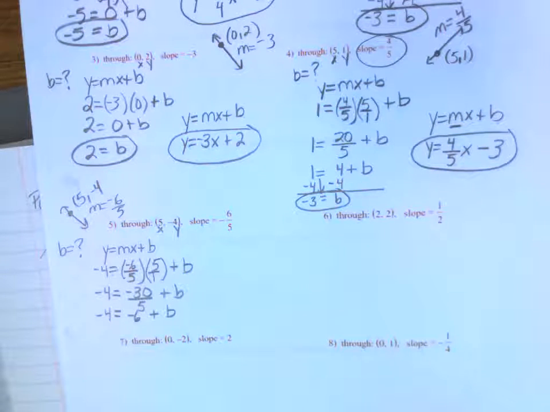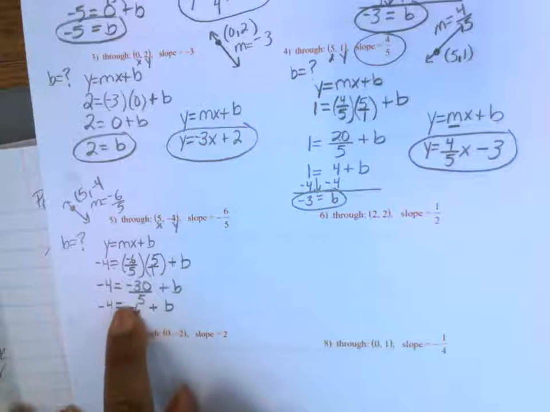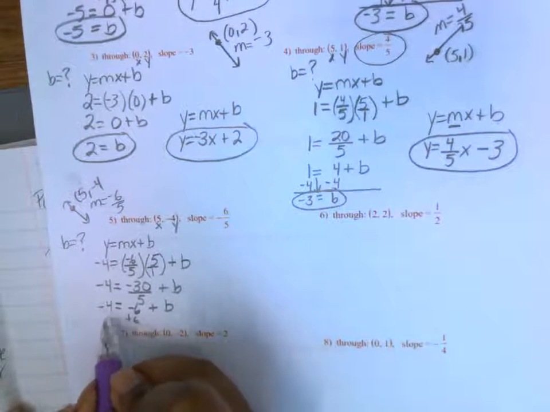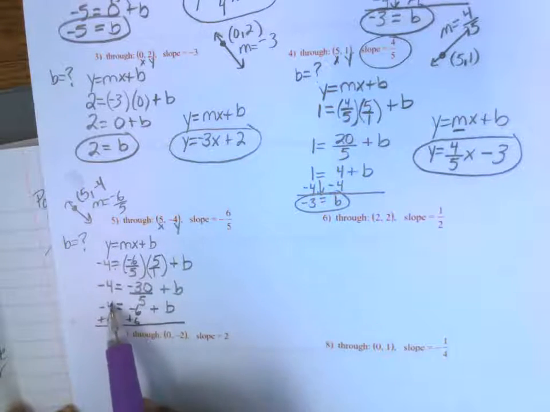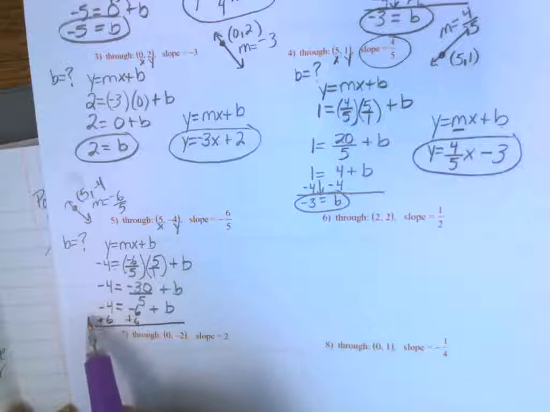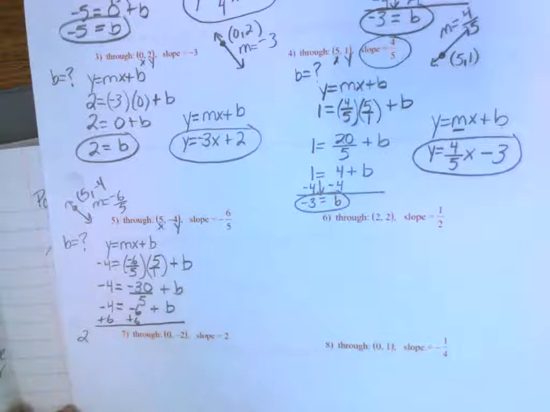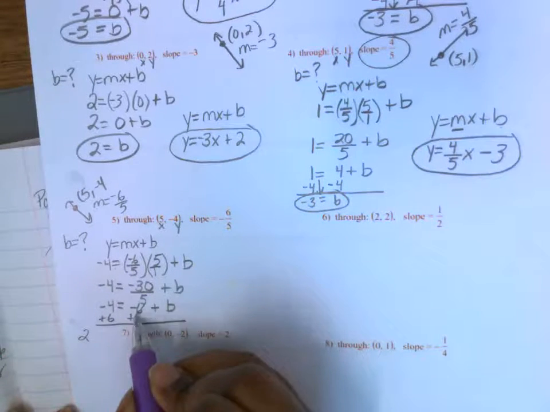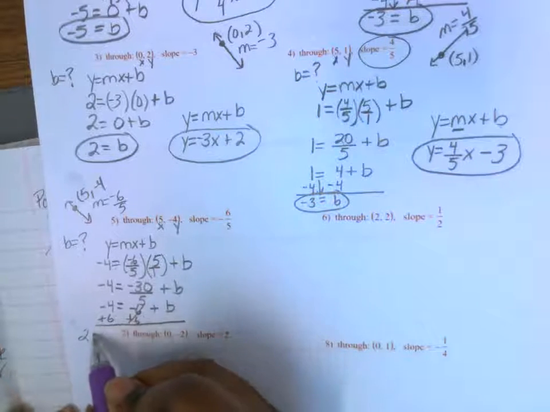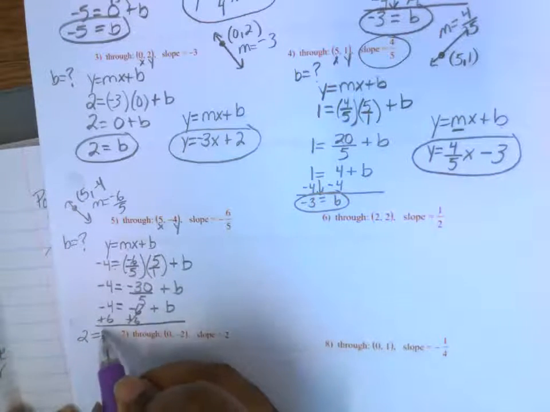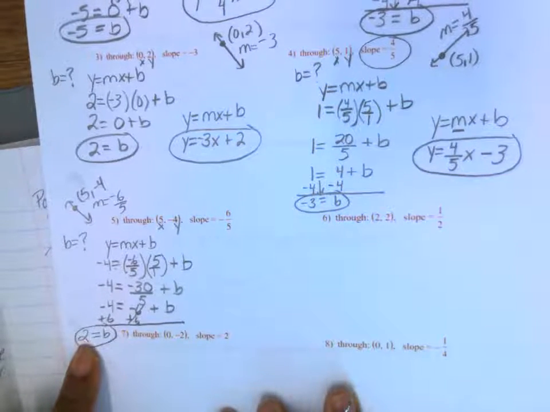Now, in order to solve for b, I need to get rid of this -6 by adding 6 to both sides. If you don't remember your rules for integers, use your calculator. This gives you +2. -6 plus +6 is 0, and what's left over on this side is b. So my b, or my y-intercept, is 2.